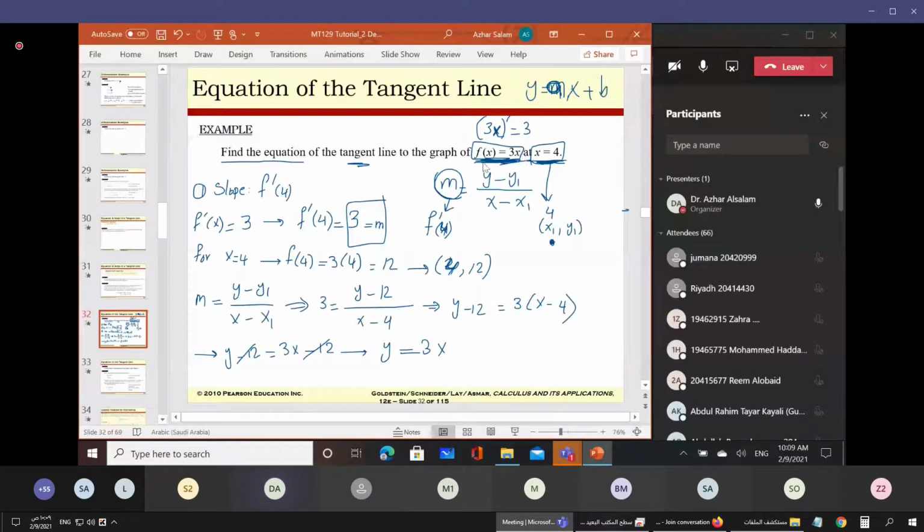Notice that it's the same as the function. The graph of this function is actually a line, so the tangent is the same function f of x. This is a straight line function, so the tangent line basically coincides with the function itself, which is why we got the same function. If it were, for example, 3x squared, it would be different here. But I obtain the same line since it's already a line, or a linear function.